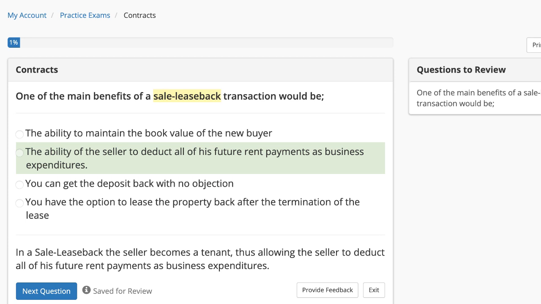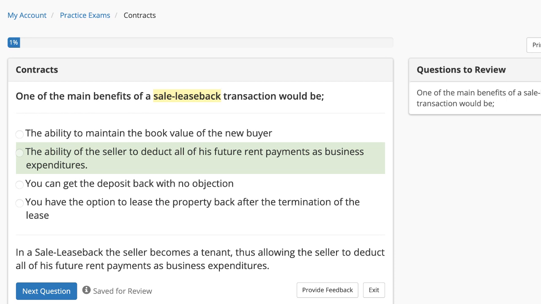So who here could tell me what is a sale leaseback? The technical way to explain this is a sale leaseback is when the vendor becomes the lessee.